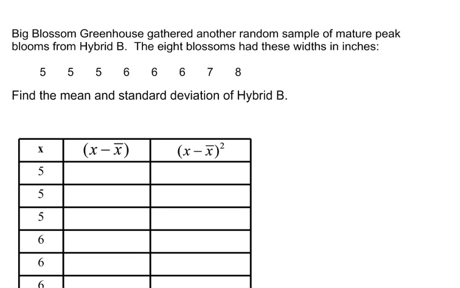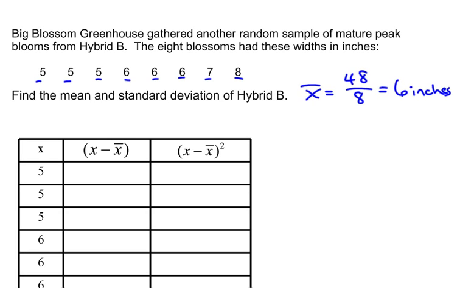And looking at this, real quickly, we add up the values because the first thing we want to do is find the mean. So the mean is going to equal the sum of all of these values, 5, 5, 5, 6, 6, 6. I believe that adds up to 33, plus 7 is 40, plus 8 is 48. So we have a sum of 48 that we're going to divide by the 8 blossoms that we have. And again, that gives us a mean of 6 inches.